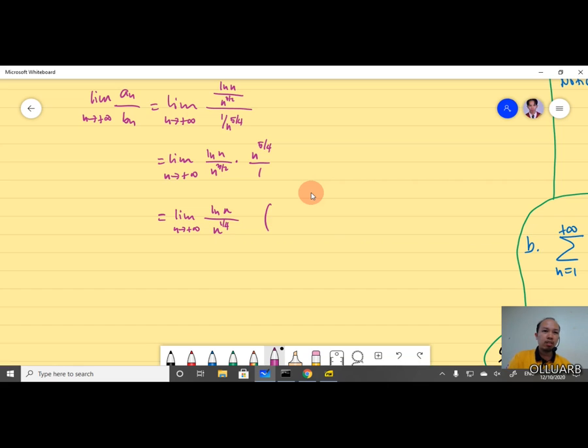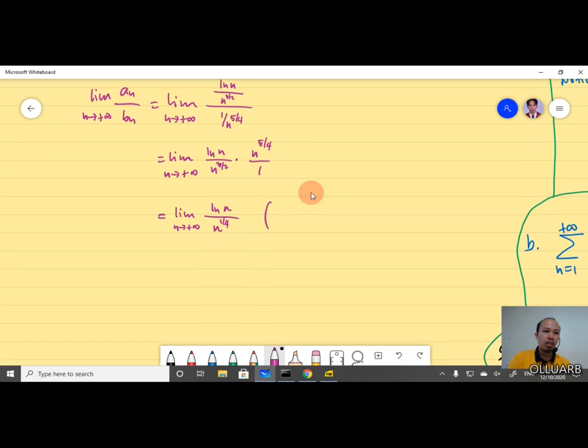And notice that you can use L'Hopital's rule here. The limit of ln n as n approaches infinity is positive infinity, and n to the 1/4 as n approaches infinity is positive infinity also.